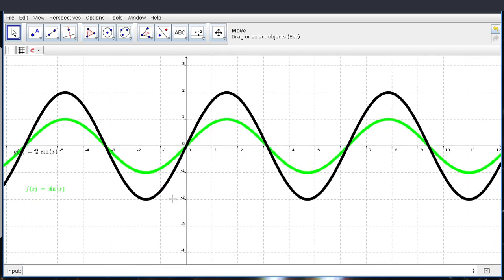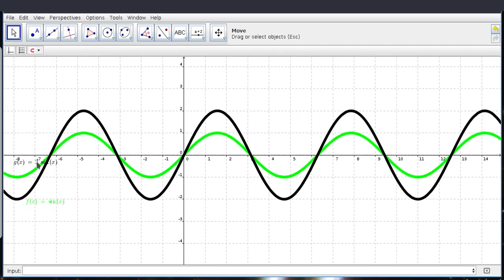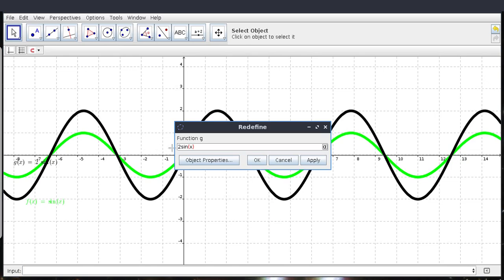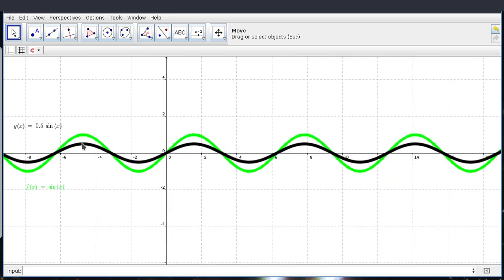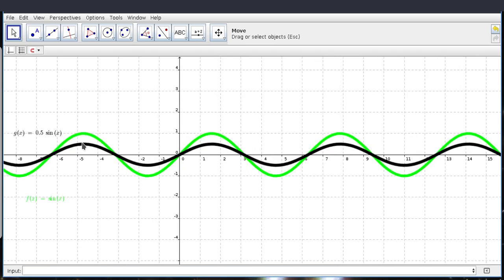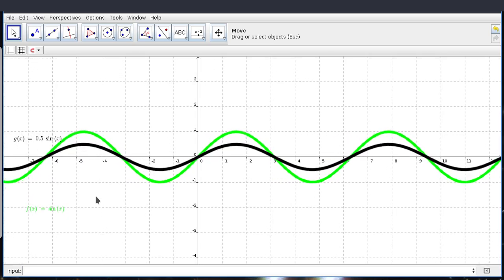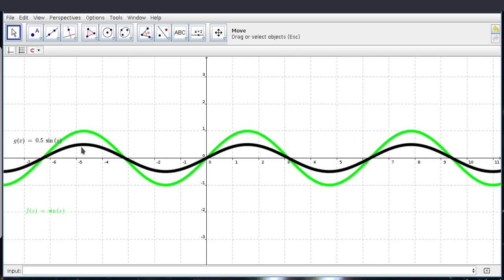Let's zoom in a bit. Suppose instead of 2 sine x, I make an adjustment and have 0.5 sine x. You see what happens here? The modified graph, the black graph, is now half the amplitude of the original green graph.